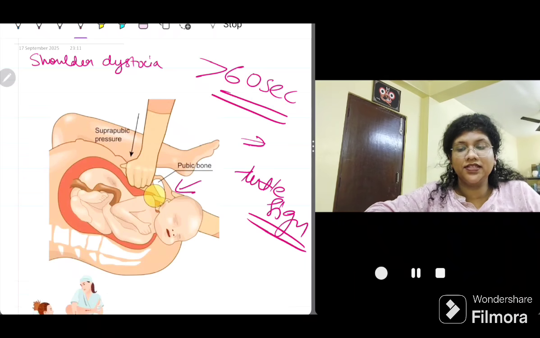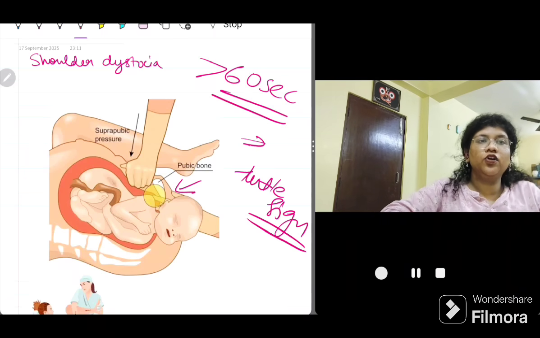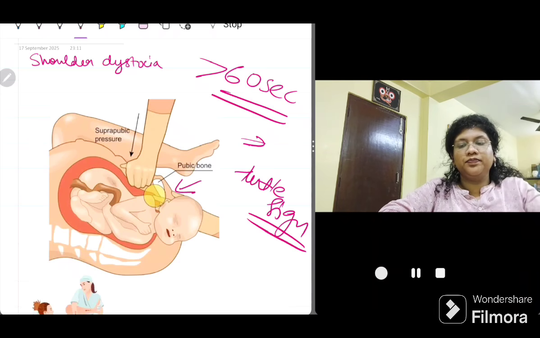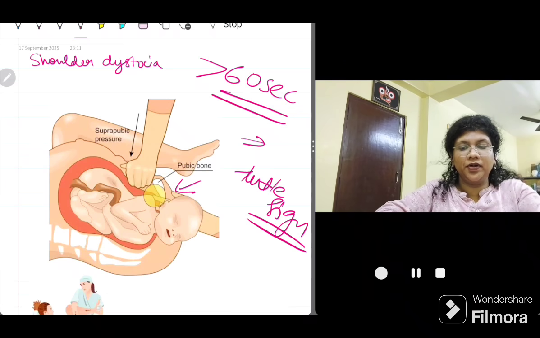Obesity, diabetes, multiparity, post-term pregnancies, short stature, any anomaly in the fetus, and anomaly of the pelvis. Also remember precipitate second stage of labor, protracted active phase of the first stage of labor, operative vaginal delivery, prolonged second stage, short umbilical cord.